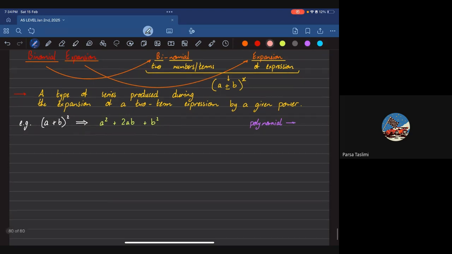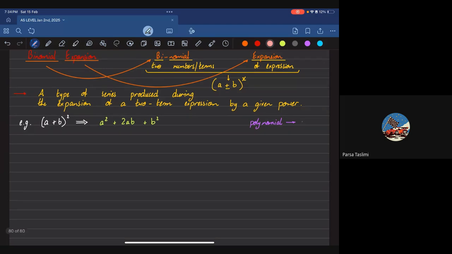So it's multiple powers of variables in a particular expression.